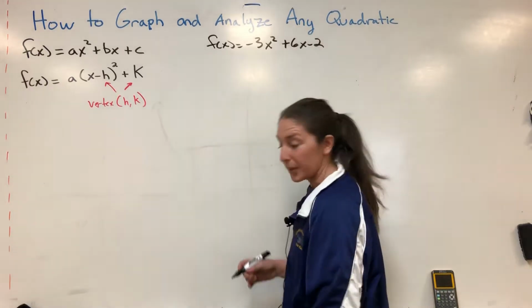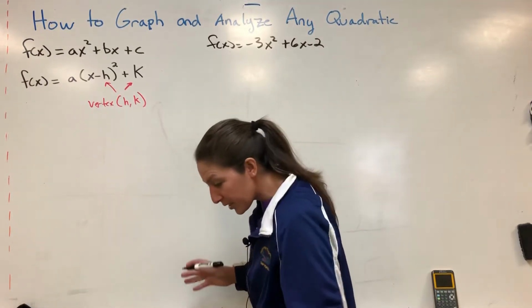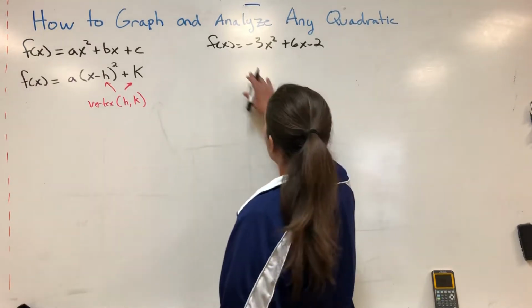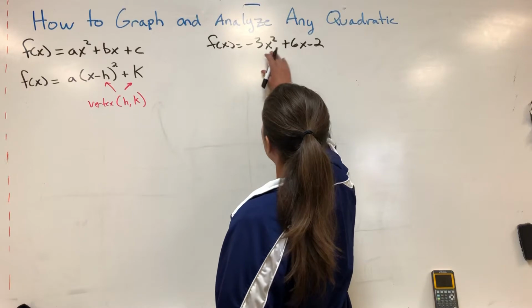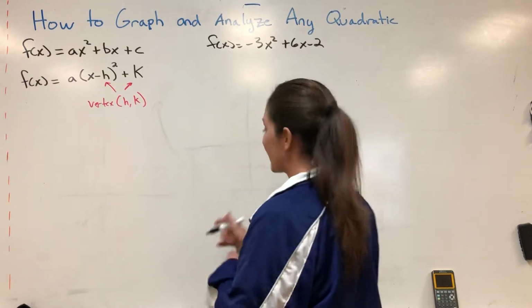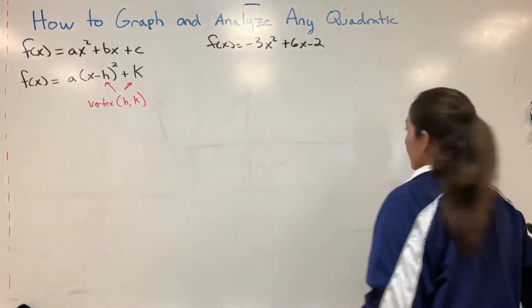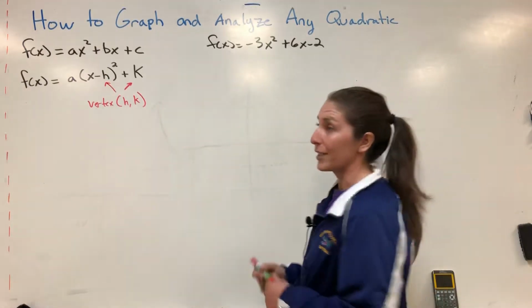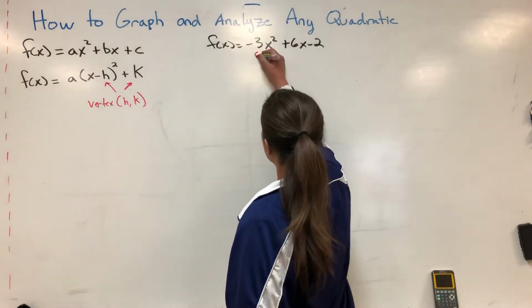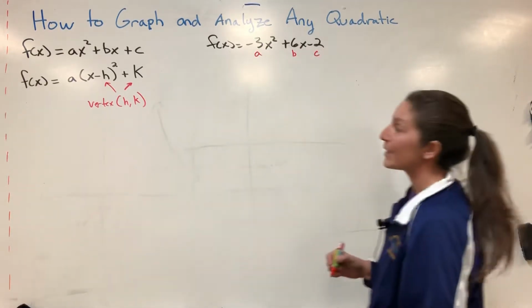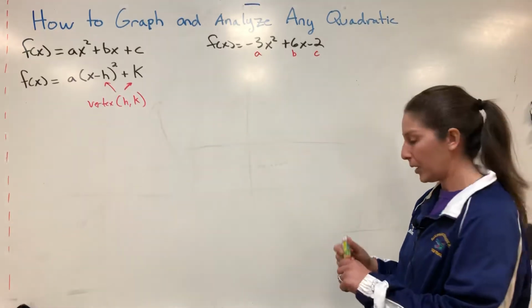Okay, so here's our ax squared plus bx plus c, even though it says minus. So before we start, let's pick out our a, b, and c because we're going to need these. So a is negative 3, b is positive 6, and c is negative 2.